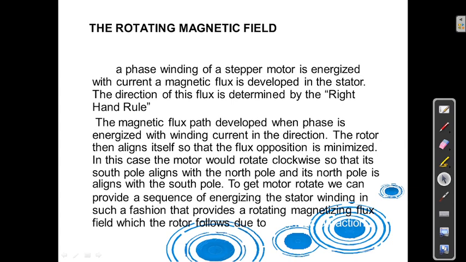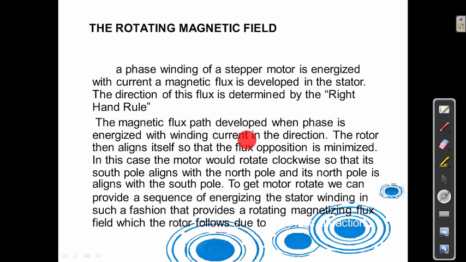Now see the rotating magnetic field. When a phase winding of a stepper motor is energized with current, magnetic flux is developed in the stator. The direction of the flux is determined by the right hand rule.